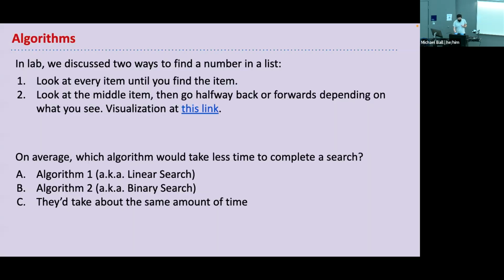So the question then arises, which of the algorithms that we have is a better option? Or if we're given multiple different algorithms to solve the same task, how might we decide which one we should use?